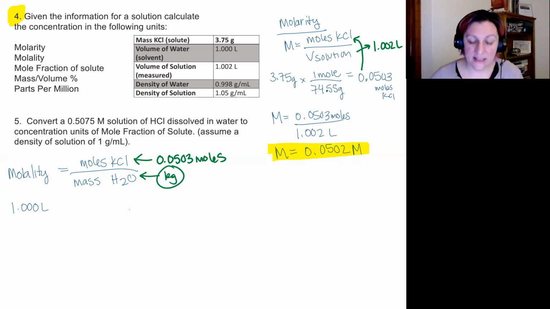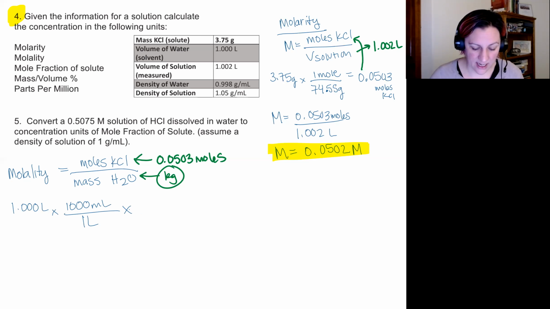So my density of water units are in grams per milliliter. I can either convert that into kilograms per liter, which is probably the more straightforward way. But if that doesn't come to mind, I'll show you the slightly longer dimensional analysis method. I'll convert this to milliliters. And then I'll use my density to convert volume into mass.